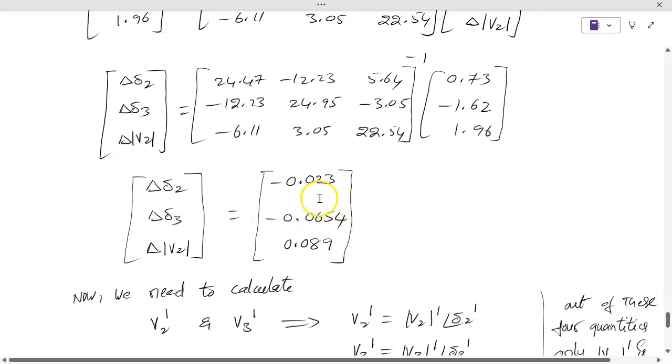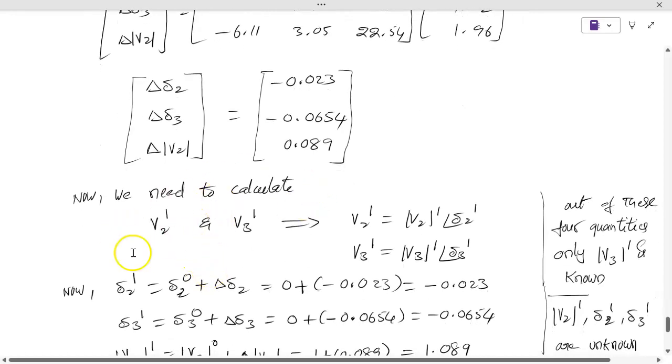Now we have calculated these values only, but as per the Newton-Raphson load flow analysis, we need to calculate the actual values of the voltages of buses V2, V3. Similarly, del 2, del 3, their respective voltage angles also. So we need to calculate V2^1, V3^1, because slack bus V1 is already given, no need to calculate.